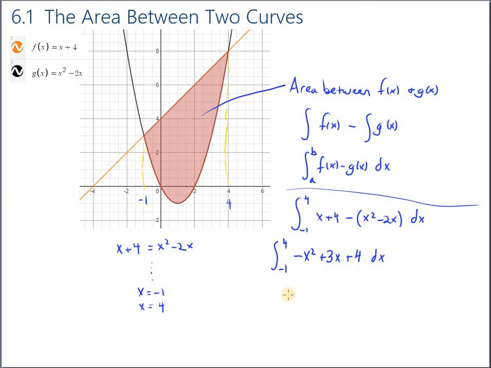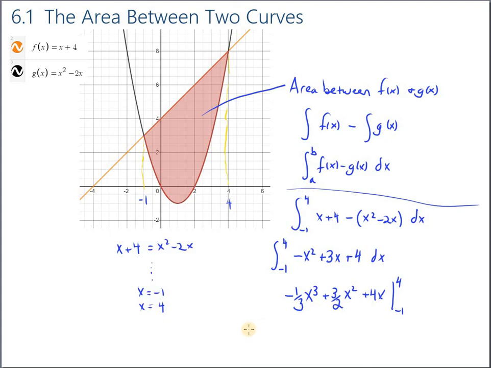So to integrate that, you would get -1/3 x cubed plus 3/2 x squared plus 4x, and we'd be integrating that from -1 to 4.